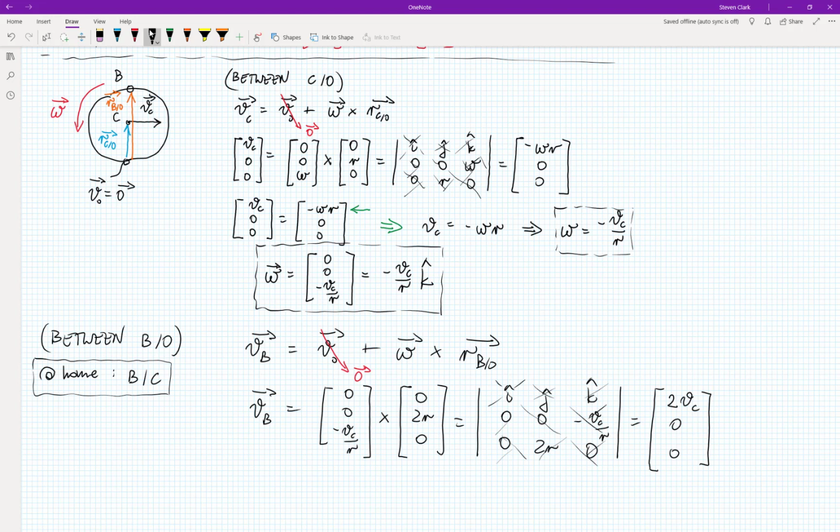As you can see, this vector will be twice longer than VC. So our VB will be here. This is our VB. Can I draw a horizontal line or not? Okay, there it is.